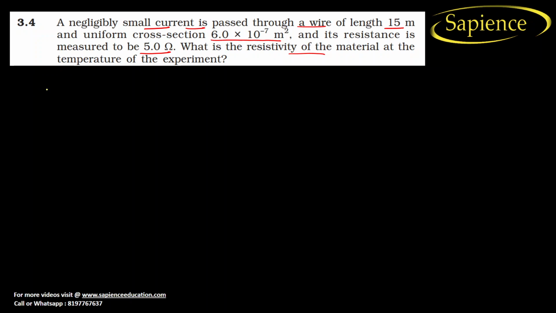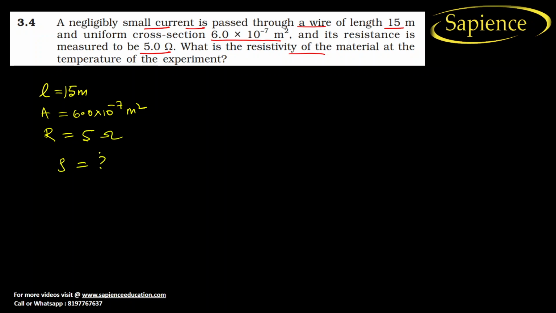So let's do. Length is equal to 15 meter, uniform cross sectional area is 6.0 into 10 to the power minus 7 meter square, and resistance is 5 ohm.